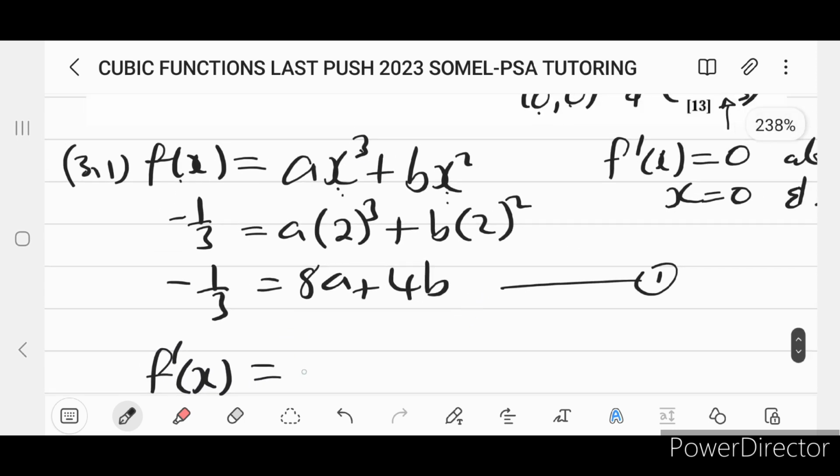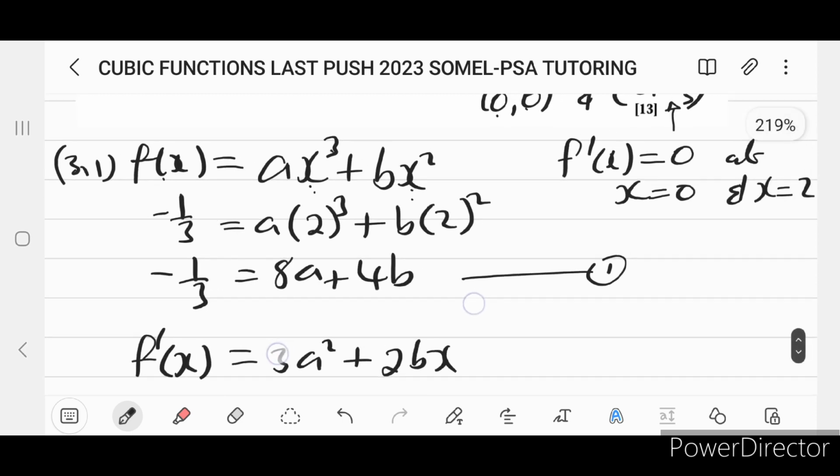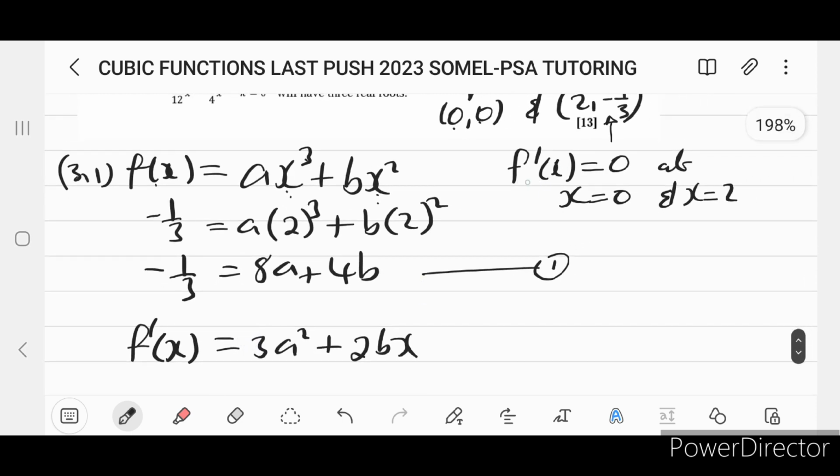The derivative is 3ax squared plus 2bx. If I put x as 0, this is going to be 0 and this is going to be 0. There's no point using this one, so I'll stick to the one of 2.